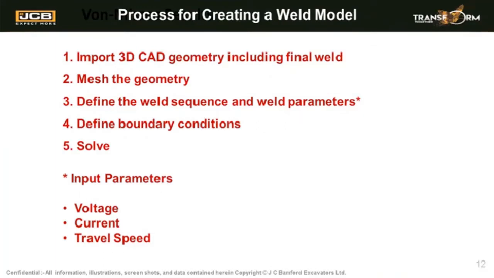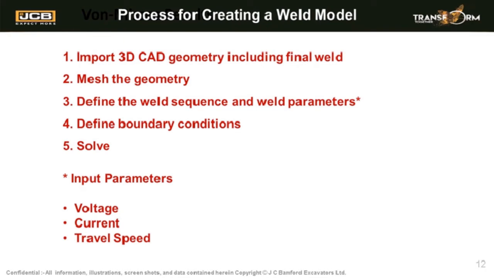Right, going back to basics then, and this is the same for all weld process simulation. For anyone that hasn't done any weld simulation before, these are the steps that we go through. First thing is you need to import into your software 3D CAD geometry, including the weld.